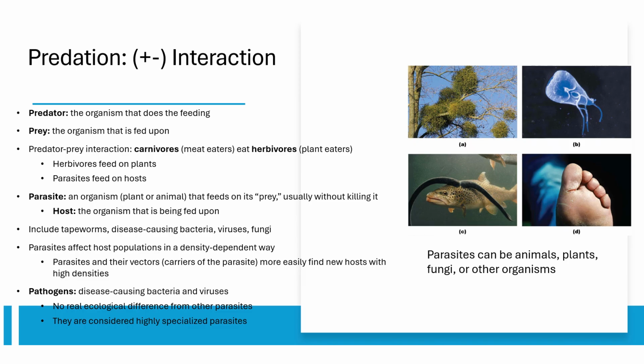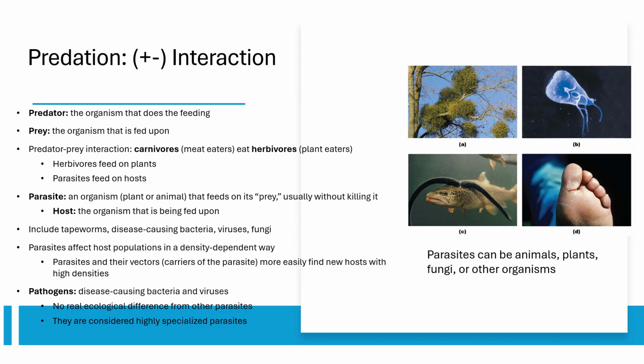Examples of parasites include tapeworm, disease-causing bacteria, viruses, fungi. Viruses, we need to be cautious. Viruses are not considered living things, but in ecosystems, they are considered at the same level as parasites.